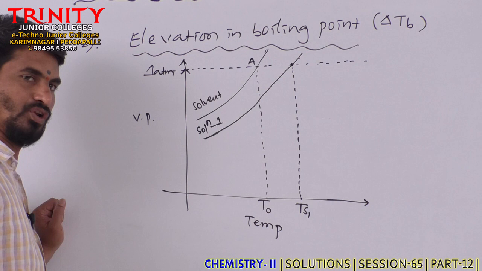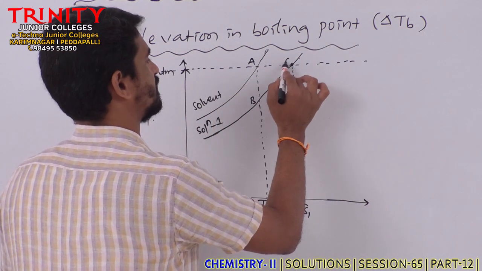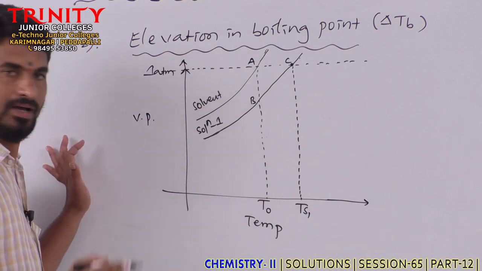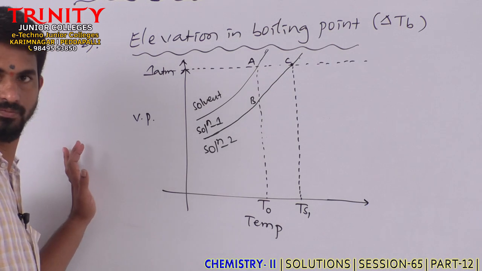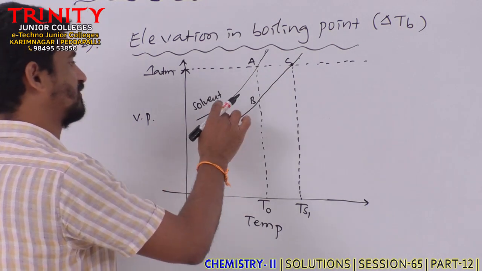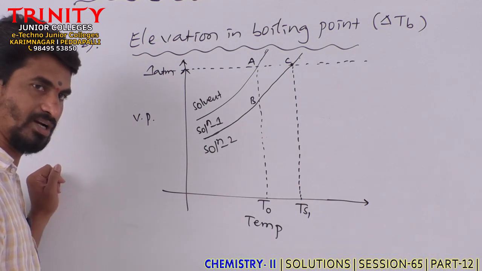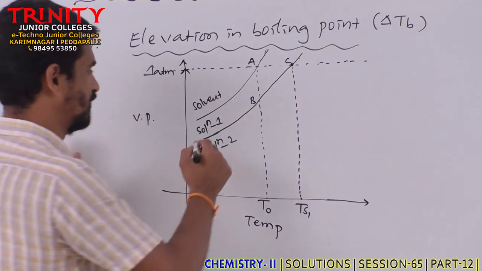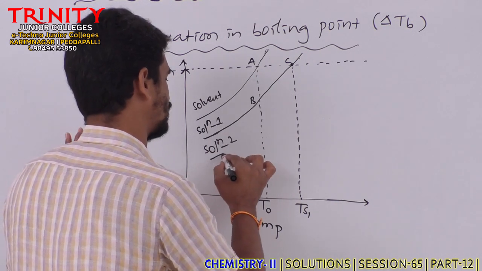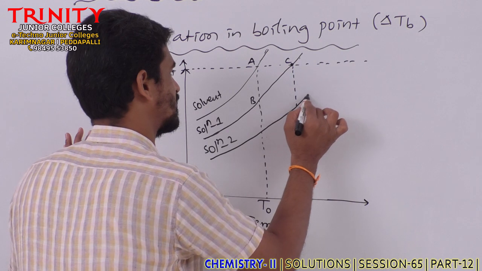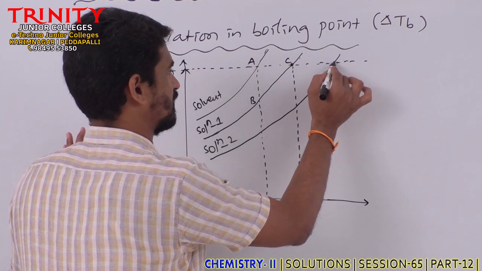Let us consider this point is B and this point is C. Now let us take another solution having higher concentration, that is solution 2. Its vapor pressure is lesser than solution 1. Why? Because when concentration increases, the vapor pressure of the solution decreases. Already we discussed it. So solution 2, the more concentrated solution, has lesser vapor pressure, and its vapor pressure increases with temperature until it reaches atmospheric pressure at this point.